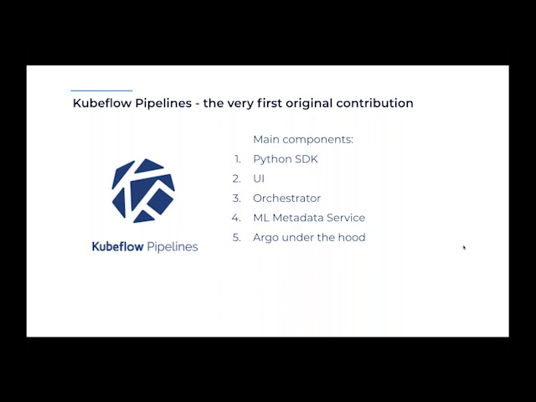And Kubeflow Pipelines is a nice abstraction on top of Argo configs that allows us to use a Python SDK and a nice UI to build machine learning pipelines. Basically, any continuous delivery pipelines.